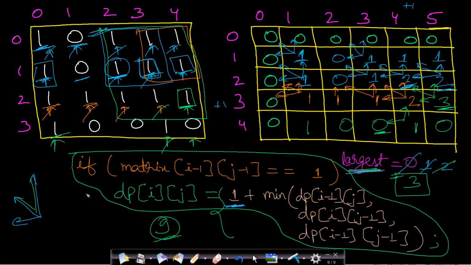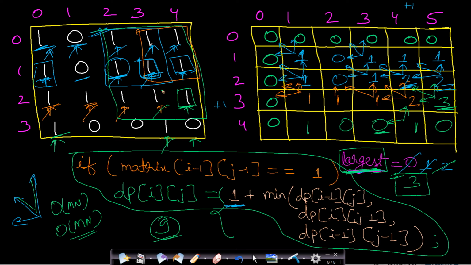Now this matrix method will take order of m into n space and order of m into n time. So this is a simple DP approach. Now you can even further optimize the space complexity, because you can see that while solving this, you needed only this largest variable in order to keep track of the largest size square matrix which you have formed.